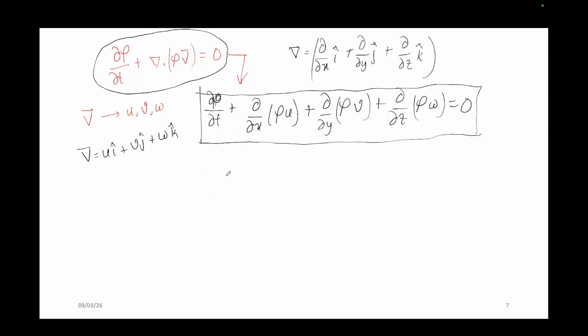Now, most of you know the derivative formula for the derivative of uv: first u times the derivative of v, plus v times the derivative of u. The same thing I will write here. From this, can I write, initially I take rho du dx plus u d rho dx.